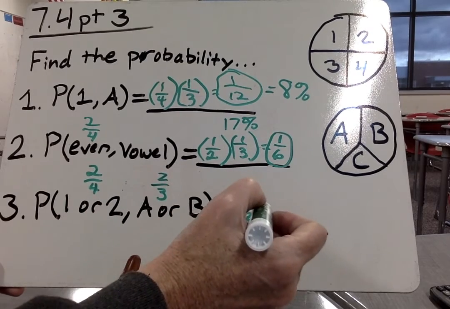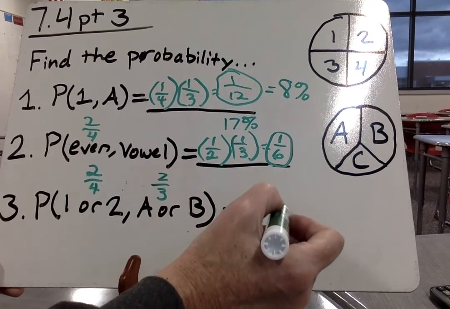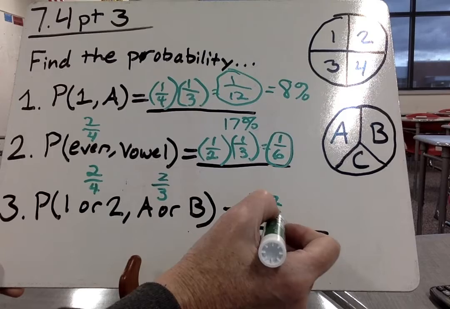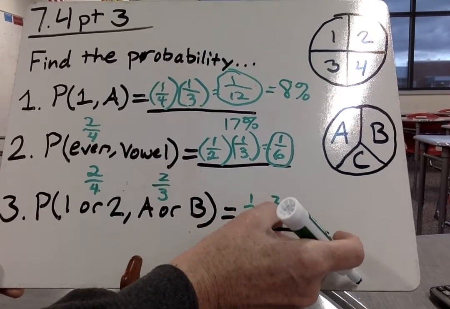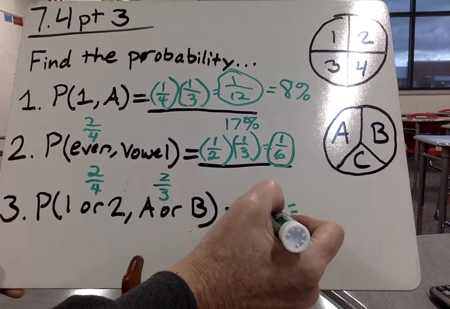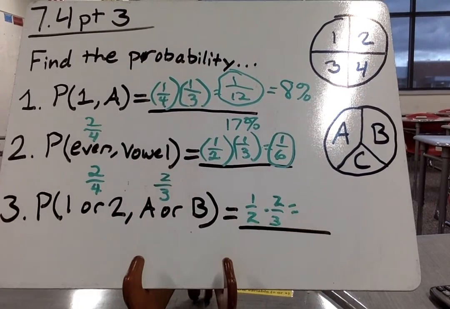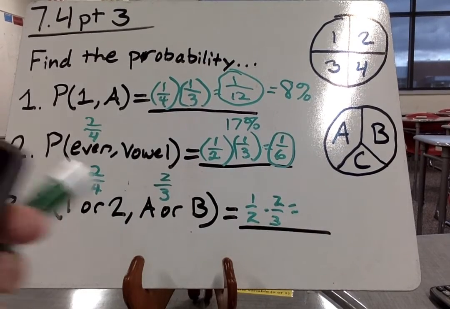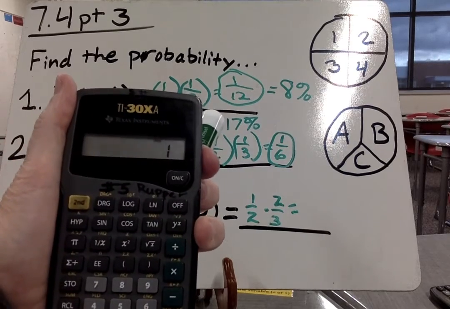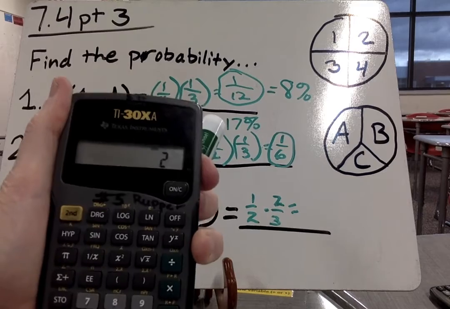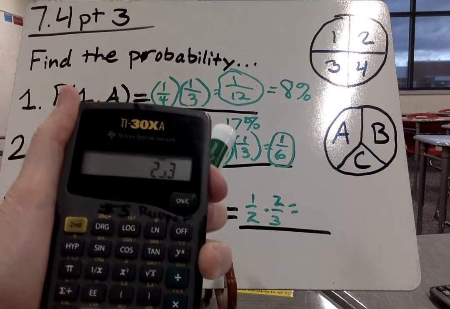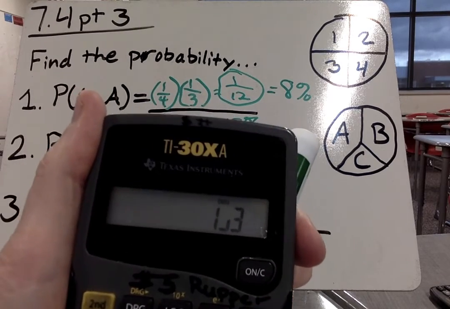So I go 1/2 times 2/3. On the calculator, 1, fraction bar, 2, times 2, fraction bar, 3. And your answer is 1/3.